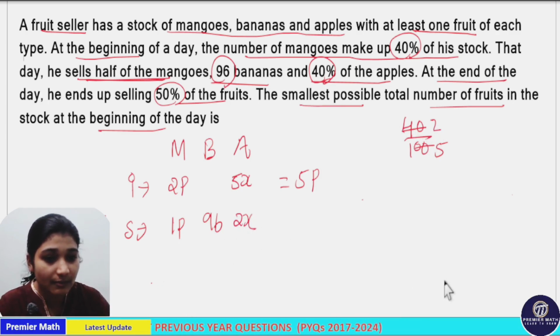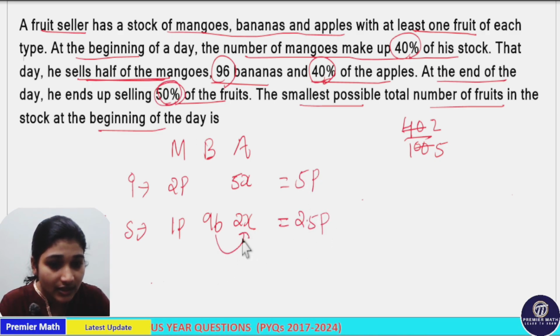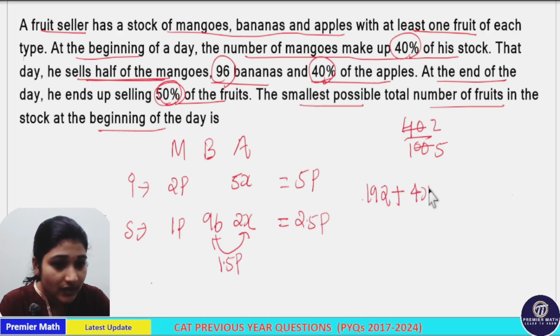He sold 2x apples. Now, the total number of fruits he sold is 50% of the total fruit. Total fruit is 5 parts, so 50% of 5 parts is equal to 2.5 parts. Now you can see here these two together is equal to 2.5 minus 1 part, which is 1.5 parts. So if you take double of this, double of 96 is equal to 192. 192 plus 4x is equal to 3 parts.